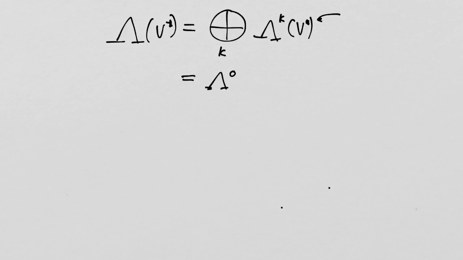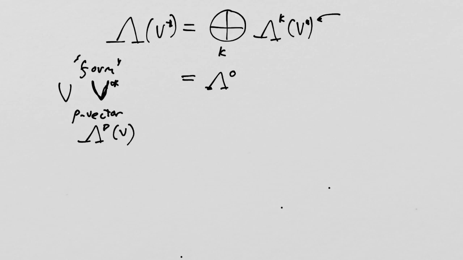I'm going to omit this part now. When I talk about the exterior powers, for right now I'm talking about the exterior power of just the dual space. So these are P forms. By the way, this logic works for any vector space. You can create the exterior power of any vector space, but in order to call it a form, we are always referring to the covector space of some underlying vector space. Otherwise, we call it a P vector. So we have P vectors, that would be this space, and then we have P forms, which would always be this space.